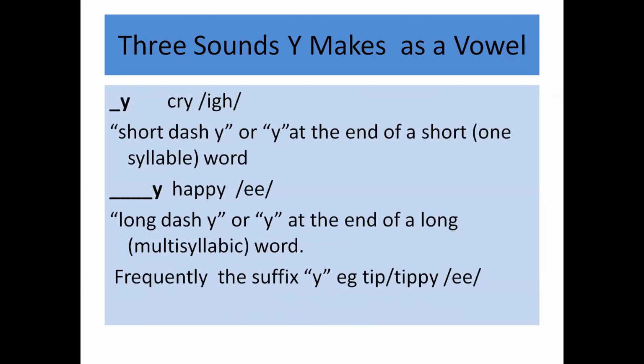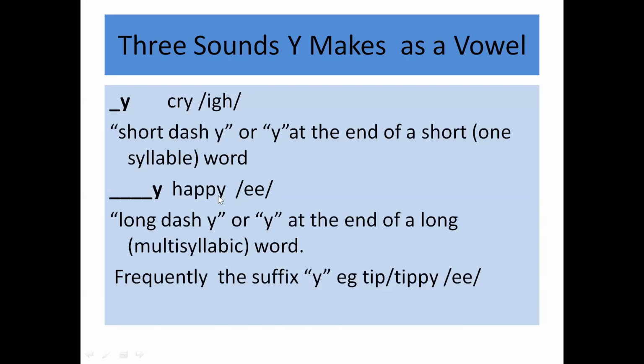At the end of a longer word, it makes E. And maybe I didn't say this, we show on our cards, we call it short dash Y. We draw a little short line and put the Y there to indicate that we want the I sound. We draw a longer line on the card and put the Y there, and that indicates the E sound, such as happy.